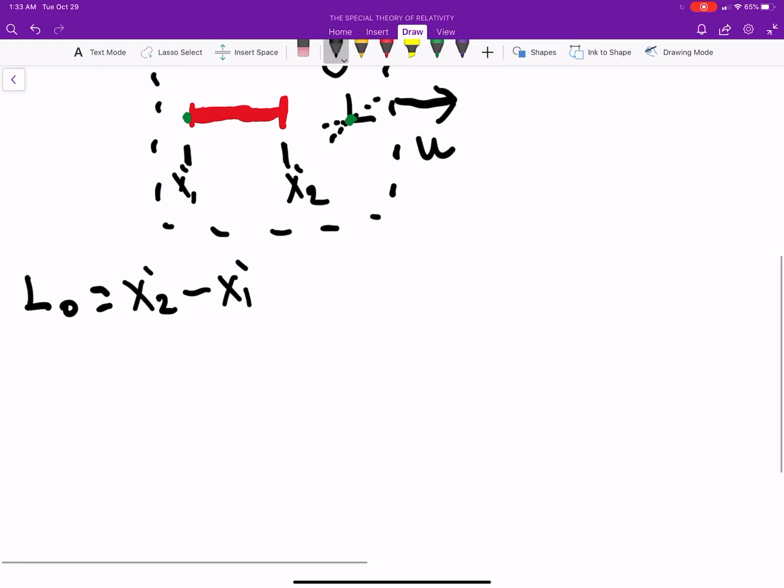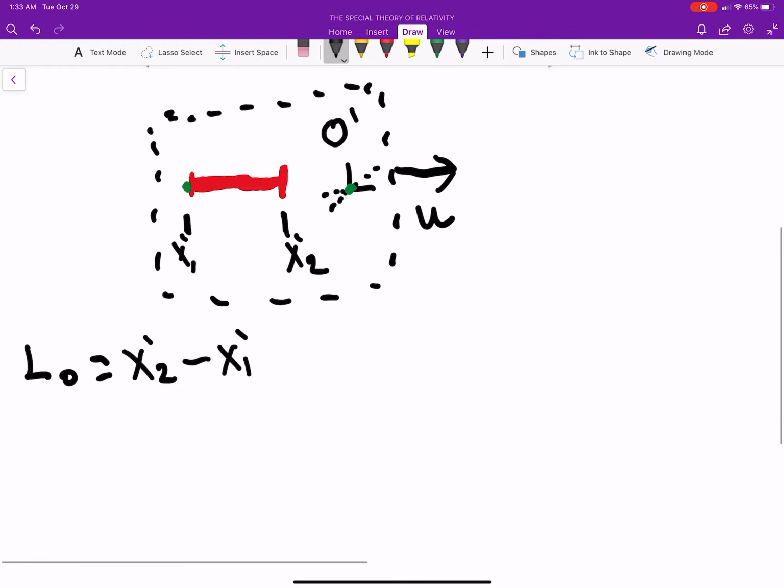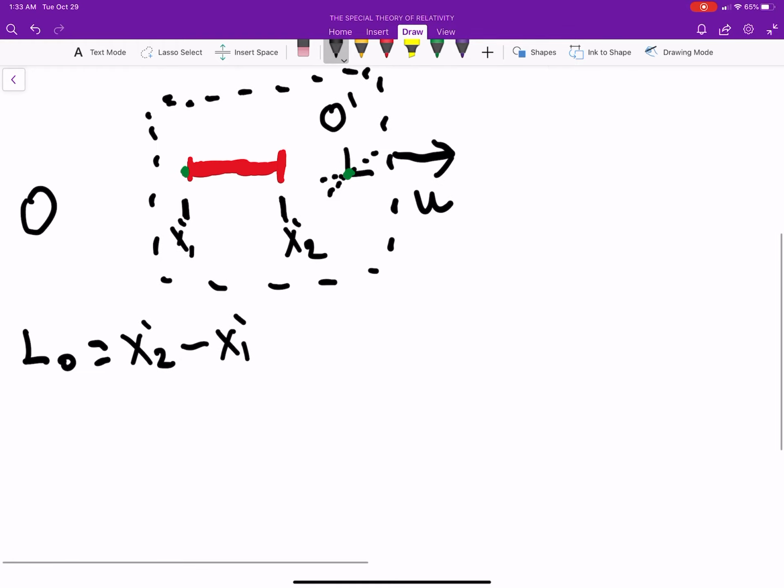Okay? Now, at the same time, let's say we have an observer O. Maybe I'll draw a little person. We have an observer O. This is O prime. O prime is watching this whole contraption move to the right.